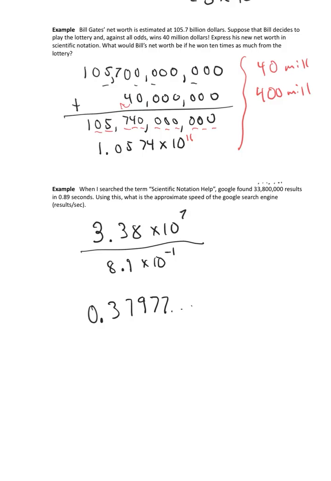And then this would be times 10 to the 7 minus negative 1. In other words, that would be 7 plus 1, so to the 8th. However, for scientific notation, I want to get that one place over. So let's go 3.8 times 10 to the, well, we would only need 7 places this time because I'm already one closer by putting the decimal after the 3.